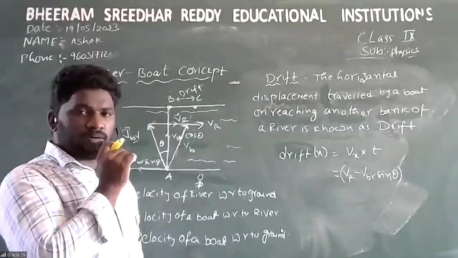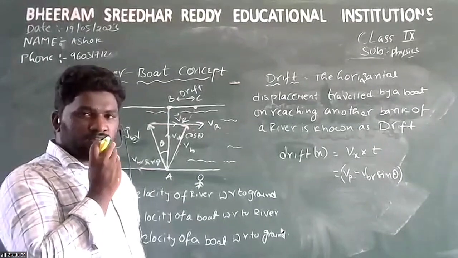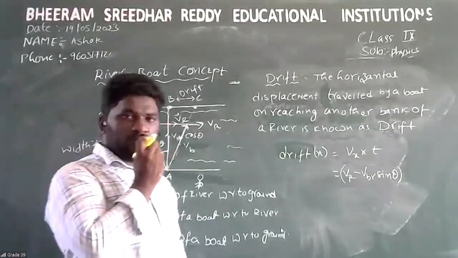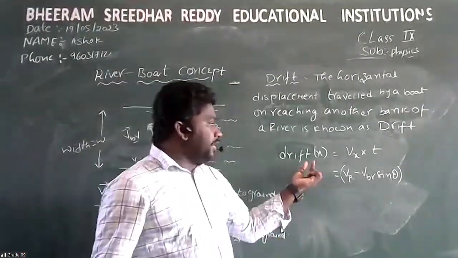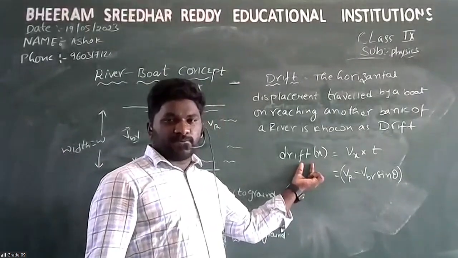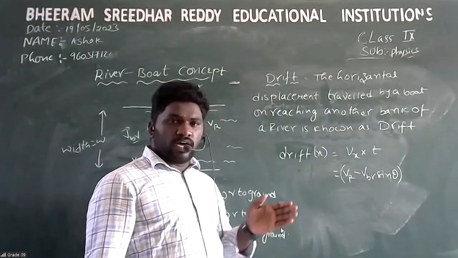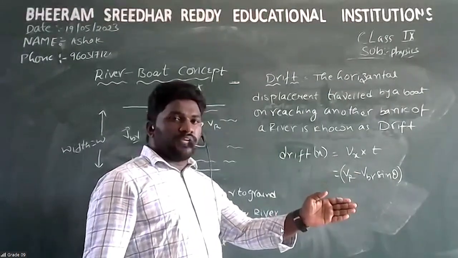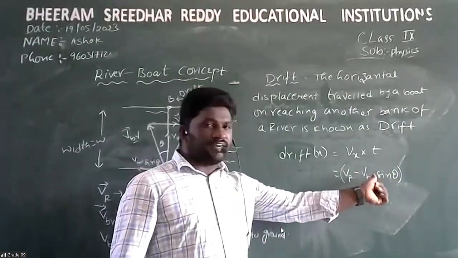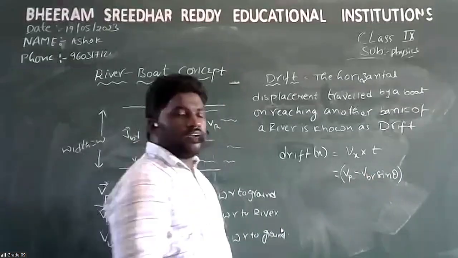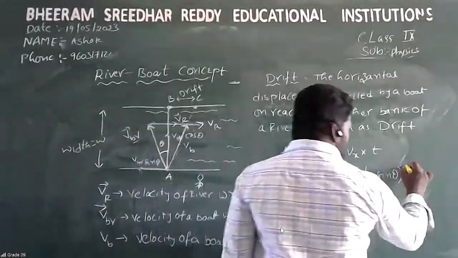Don't copy the classwork yet, listen first and respond. Drift is a horizontal displacement, that's why I'm using the horizontal velocity. Along the horizontal, the boat is moving with velocity VR minus VBR sine theta. Yes or no?